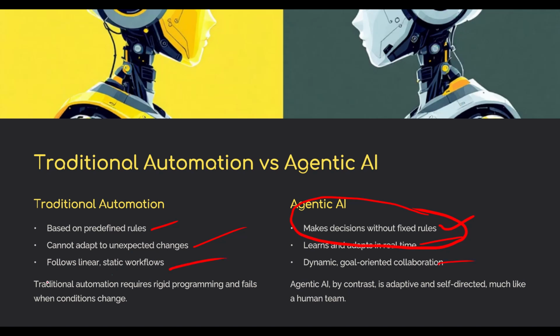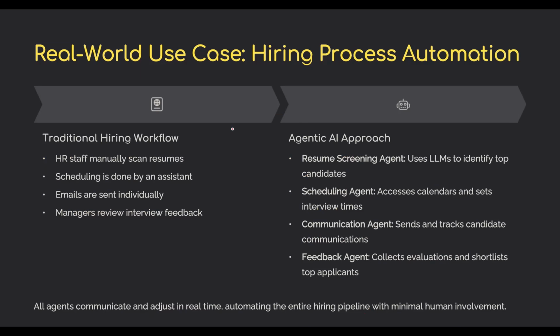Also, one more thing is that traditional automation requires a large amount of programming and has a higher chance of failing whenever some conditions change. But agentic AI, in contrast, doesn't require that much coding, and it can adapt and be self-directed, much like a human team. So a real world use case of agentic AI is hiring process automation.